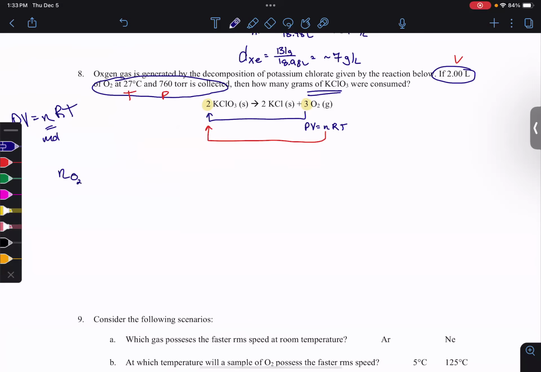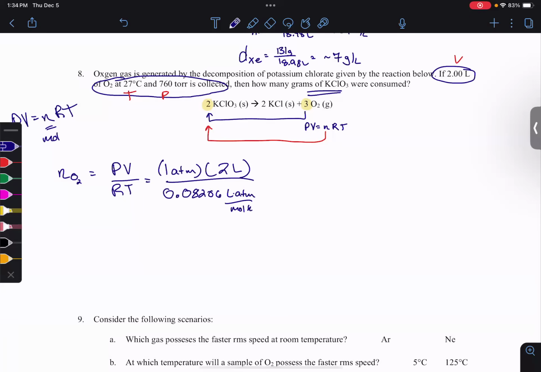I'm going to rearrange PV equals nRT real quick: n equals PV over RT. So the mole amount of oxygen that was collected is 1 atm, because 760 torr, I just converted it in my head, times 2 liters, over R, which is a constant. We do give this to you; it's in the packet or in the supplemental information somewhere.